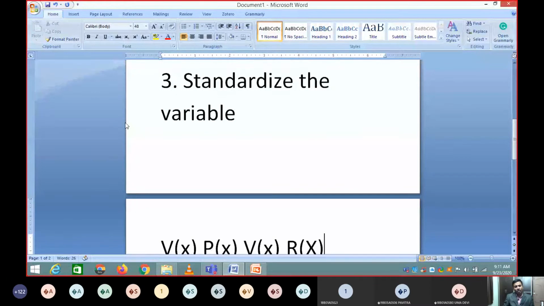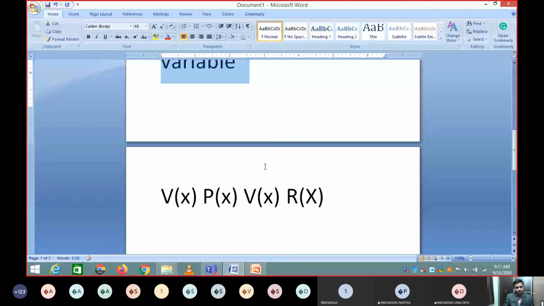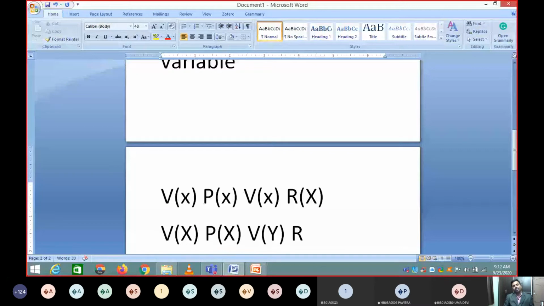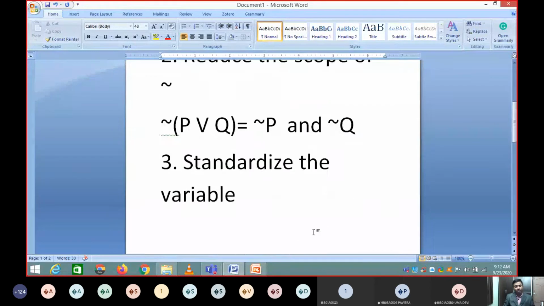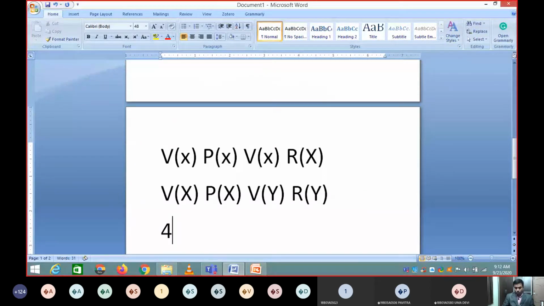Whenever you have for all, once you represent x, don't represent x again. What standardization means is, if you use x in the first statement, don't use x here, try to use a y here and represent this by some other variable. Standardize the variables: you just use a different variable for different types of statements. It's very simple, but this is a procedure that you have to remember. So you can apply the standardization like this.